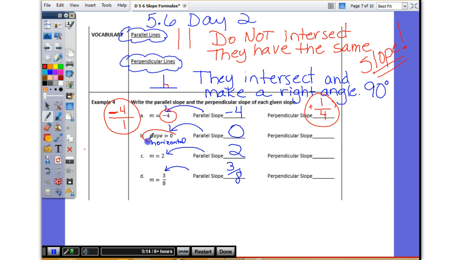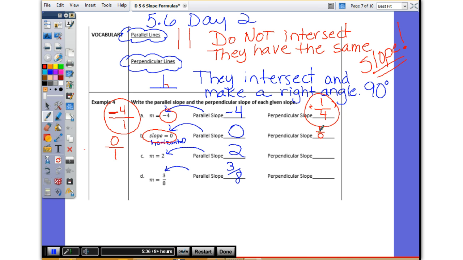How about if the slope is 0? That's 0 over 1. So if you flip that, you're going to have 1 over 0, which means what?